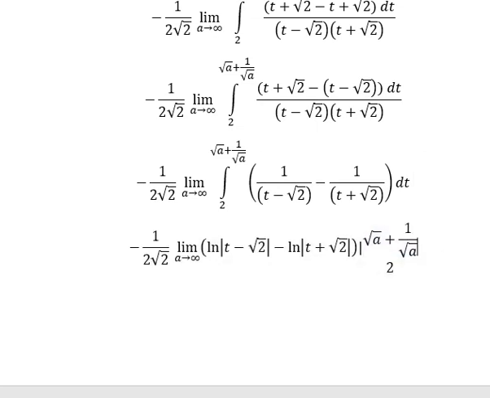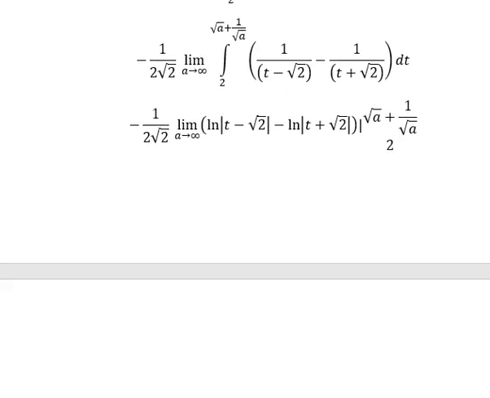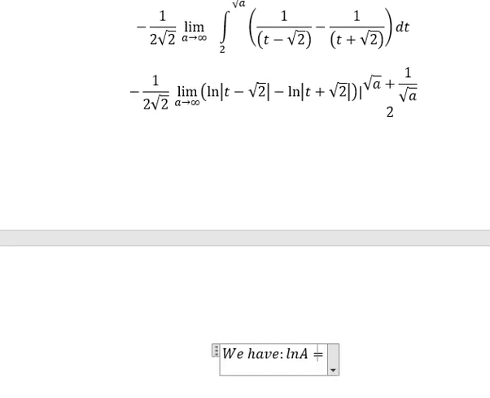Next, we have the value in here. ln a minus ln b equals ln of a over b.